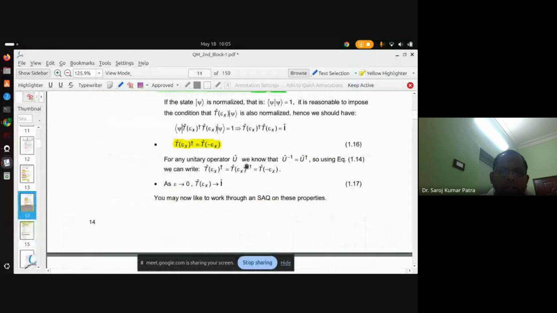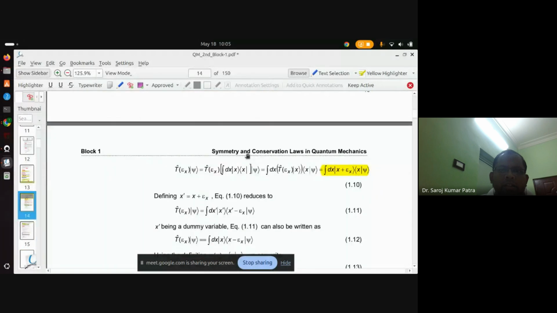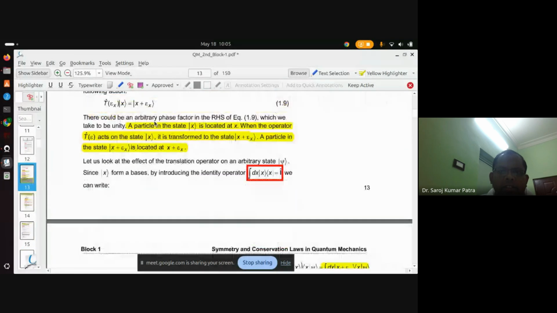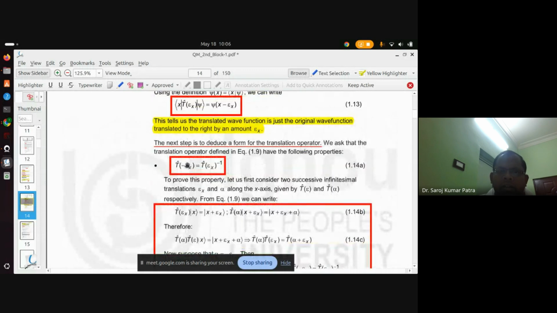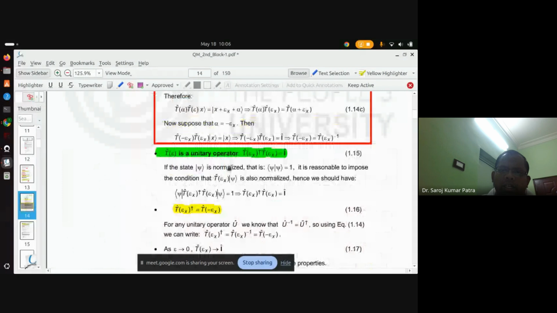So what we did is, we first got that this translation operator transforms the wave function to x plus epsilon, to the right by an amount epsilon x, where psi can be written as x minus epsilon x, with the property that T of minus epsilon x is T epsilon x inverse, and it is a unitary operator where T dagger T is equal to identity.